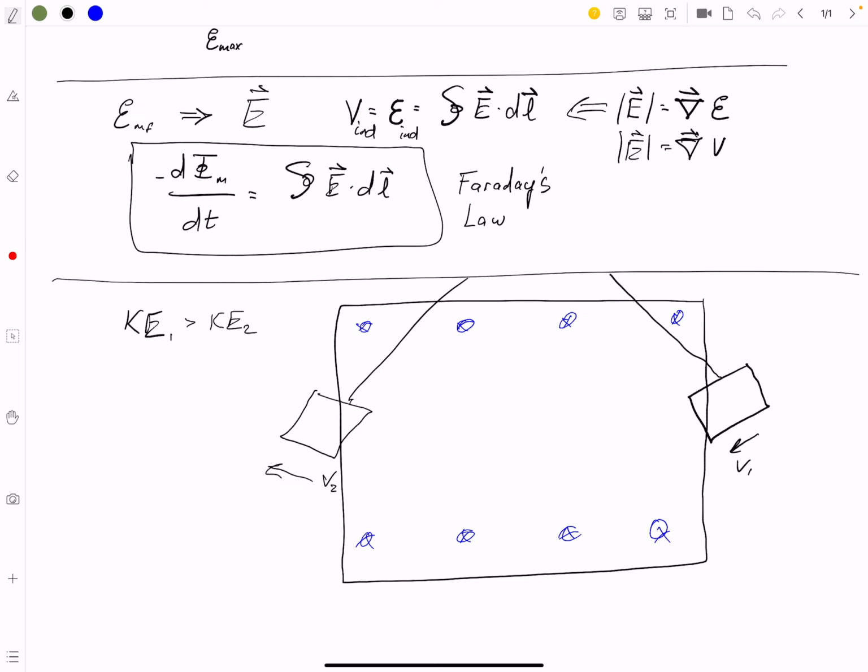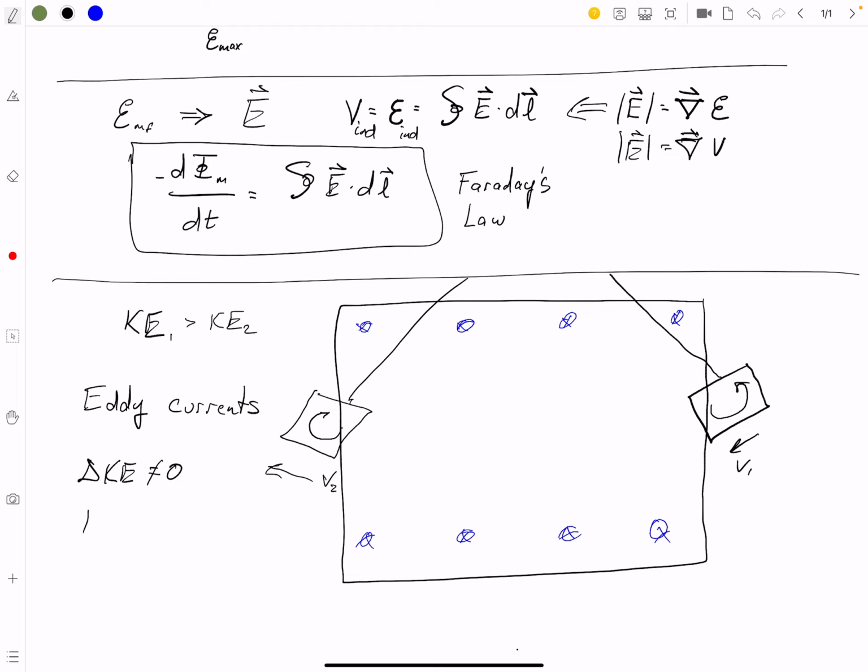And it's all solely due to the eddy currents that are going to get produced because of Lenz's law. It's going to produce a current that on this side ends up being like this, and on this side ends up being like this, and those are eddy currents. So delta KE is not equal to 0.